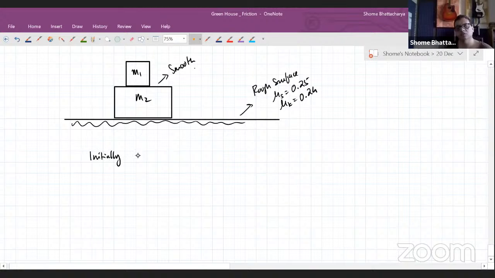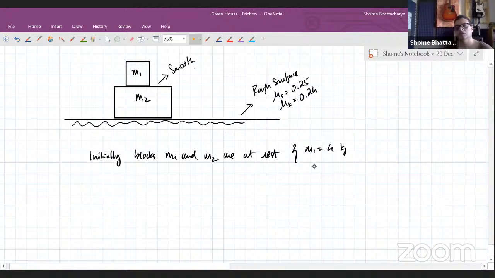So initially blocks M1 and M2 are at rest. So given that mass of this block is 4 kg and mass of this block is say 11 kgs.